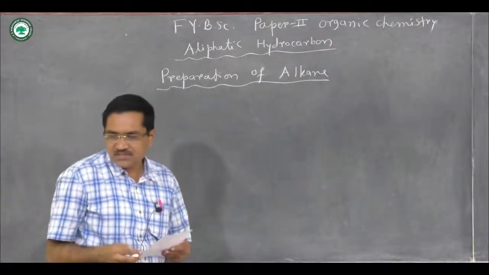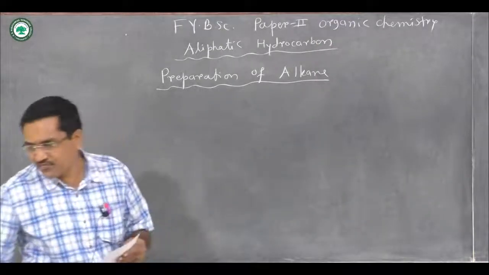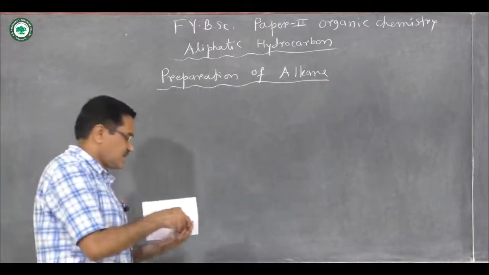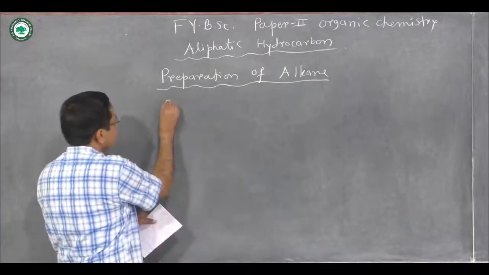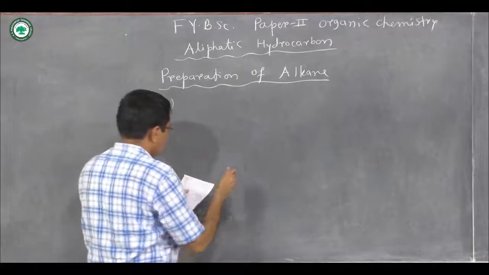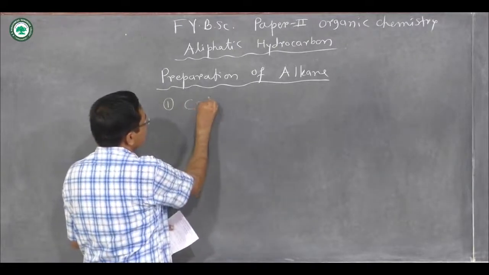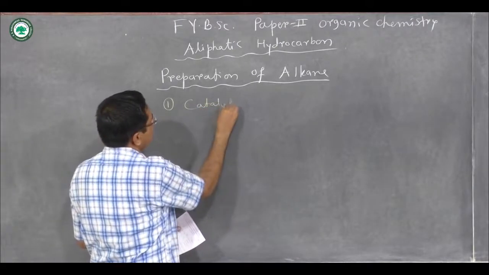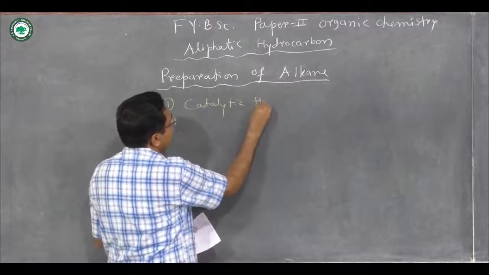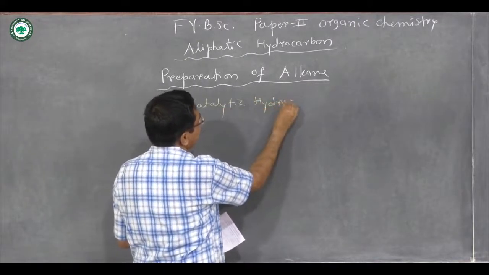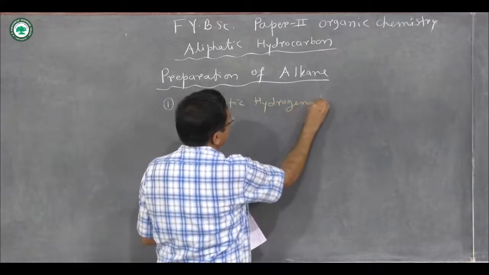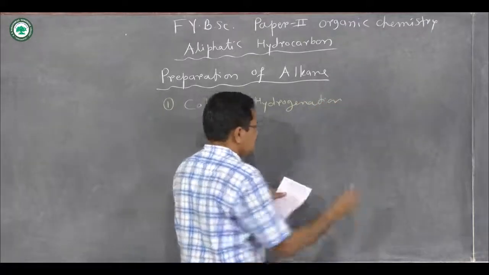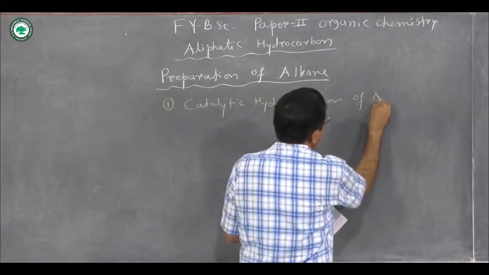There are various methods for the preparation of alkane, and the first method is catalytic hydrogenation of alkene.